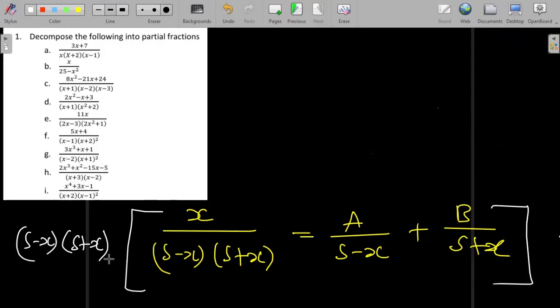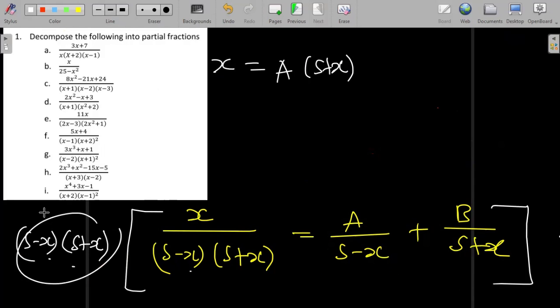So if I multiply, I'm just going to get x is equal to a times 5 plus x, because the 5 minus x will cancel out. If I multiply this with this, the 5 plus x will cancel, so what will remain is b times 5 minus x.